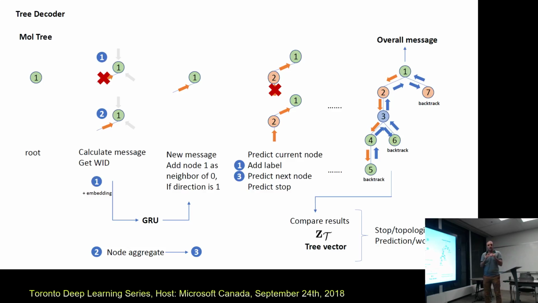In each step, it adds a node, calculates the message, labels it, and figures out whether that's the final node. This is what they refer to as predict stop. Some nodes should technically be leaves, so each time it does the calculation, it figures out whether that's where the structure has to stop. And they do this for the whole structure.